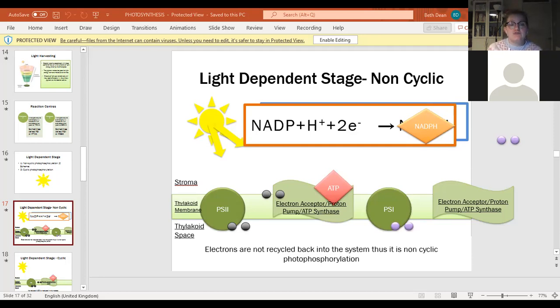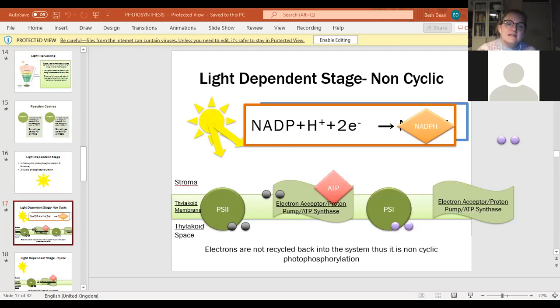And products that are reused in another part of the light-dependent reaction are those hydrogen ions and electrons. So they're what allow that cyclical part to happen. Those hydrogen ions are used to reduce the NADP, and then we have those electrons that keep getting reused. So that's what happens with them.